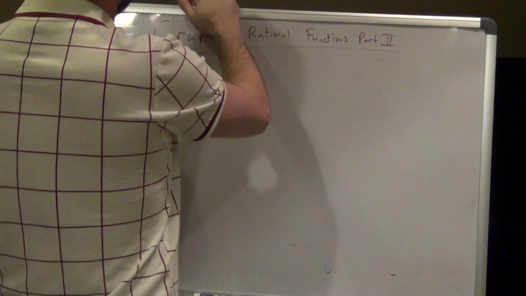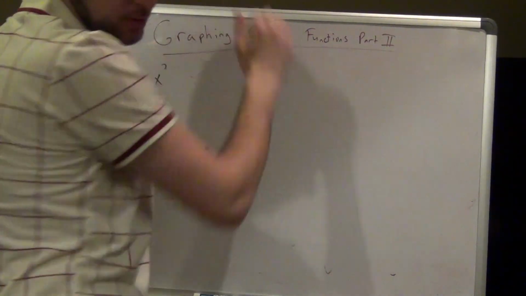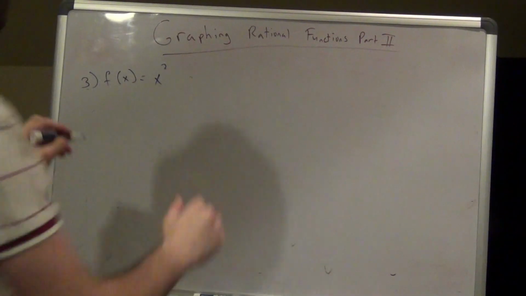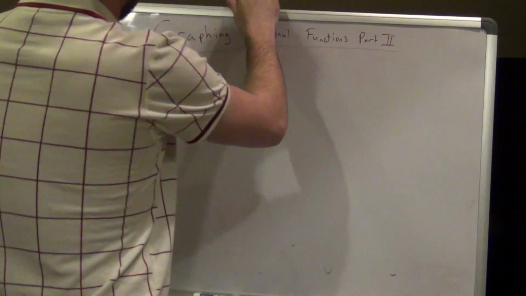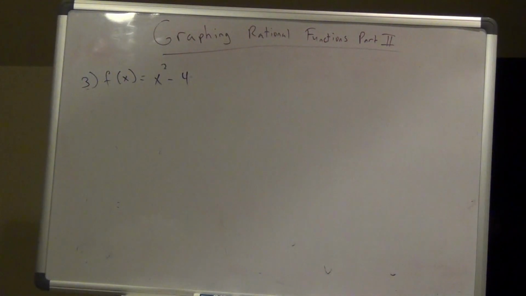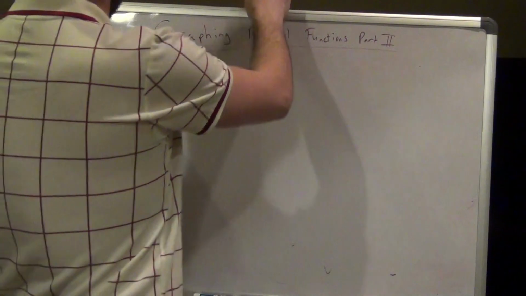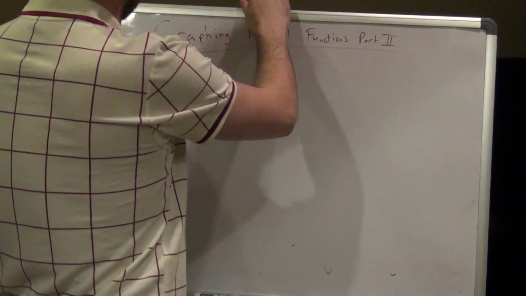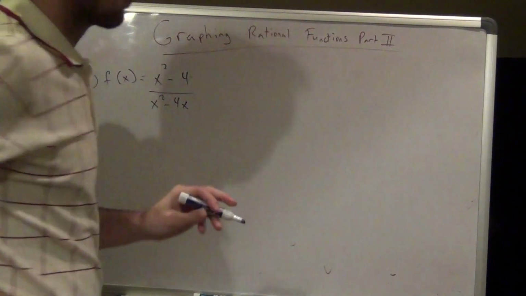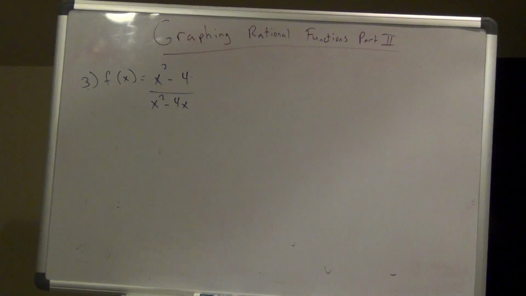f of x equals x squared minus 4 over x squared minus 4x. Okay? All right.